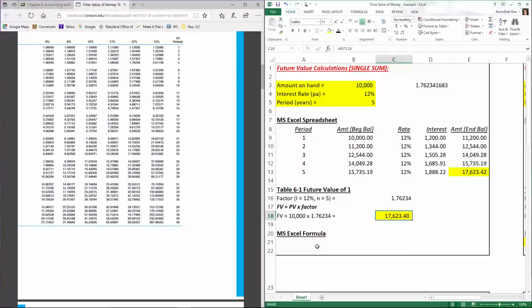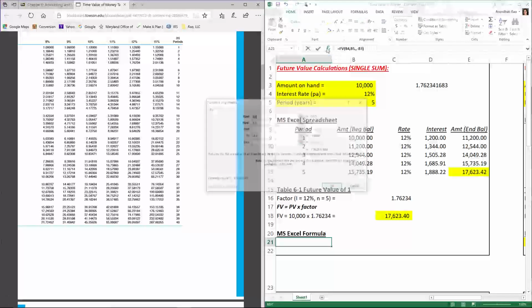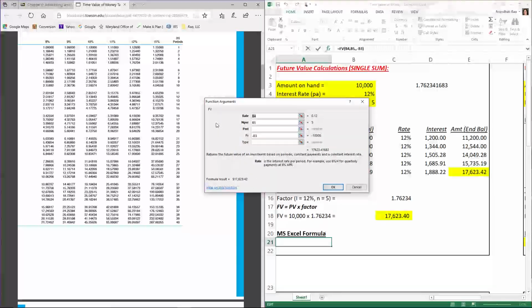Now, there's yet another way in which we can do this, and that would be using the built-in Microsoft Excel formulas. You go up over here and type equals FV, or you could click over here and see the functions that show up.